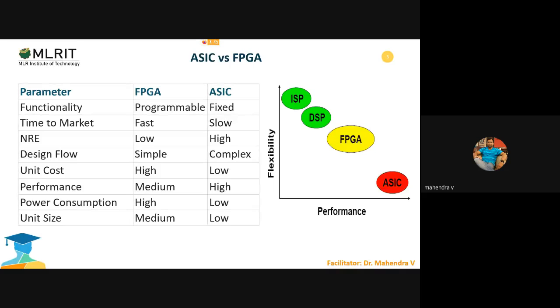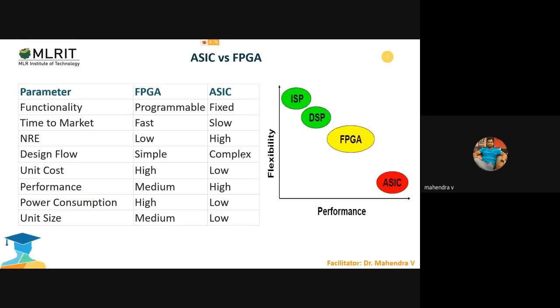Now I already showed you this in my previous class, the differences between ASICs and FPGAs. Here just see the overview. ASICs have low unit cost at volume, but FPGA is high unit cost, because too much amount is required for manufacturing the ASIC. Manufacturing 1 lakh ICs is low cost, but manufacturing a single IC costs too high as compared to the FPGA.